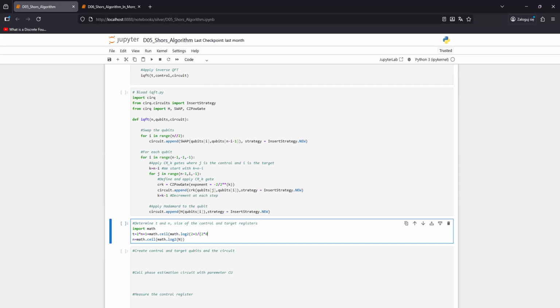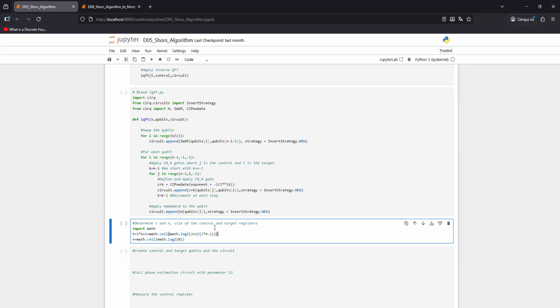If it was here, 0.1 was the error rate, yes. So while n is the number of qubits to express the n number in binary, t is the optimal accuracy of this phase estimation.